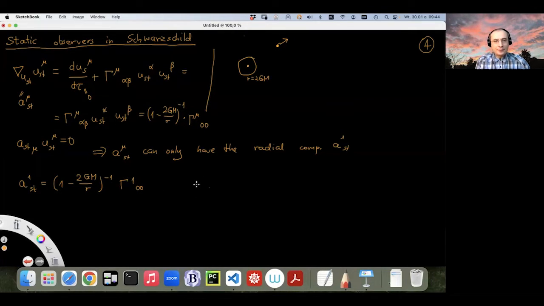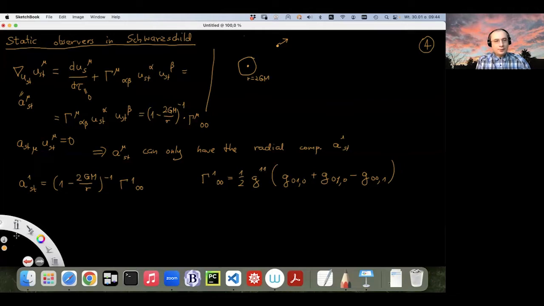But this one is something we can easily calculate. So Γ^1_00 is 1/2 g^11 times (g_10,0 plus g_01,0, so we are switching the order of these two indices, but they're the same index, so who cares) minus g_00,1.